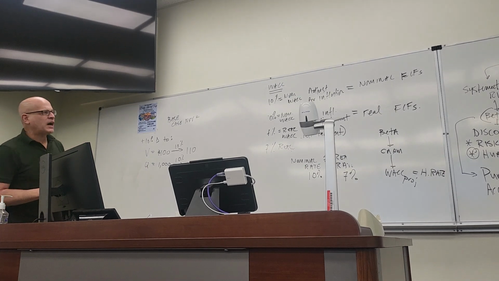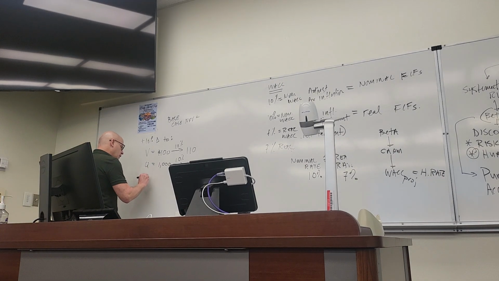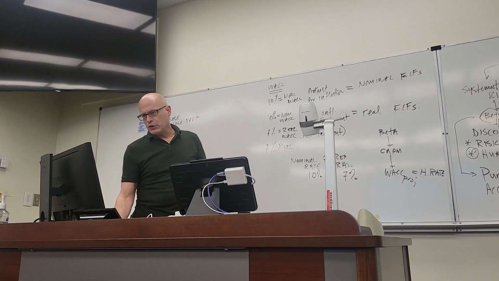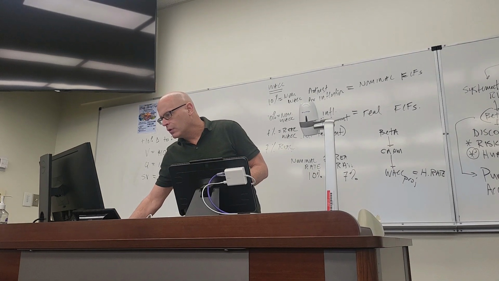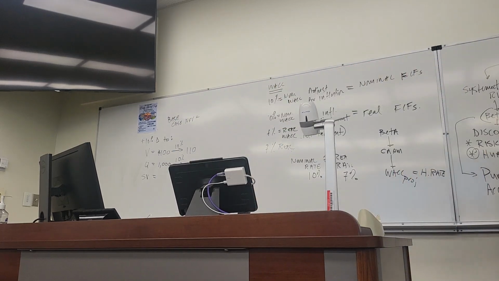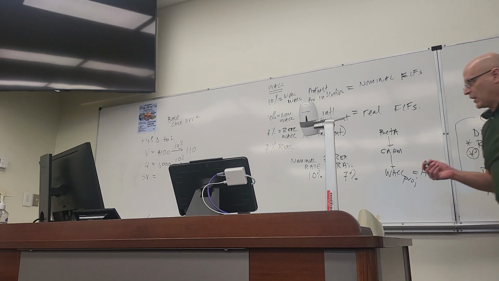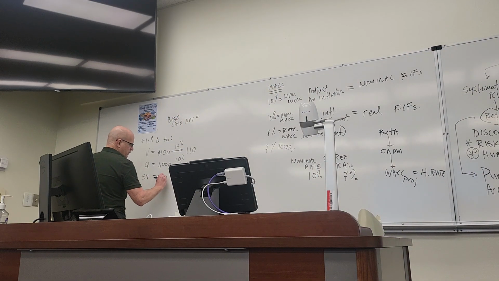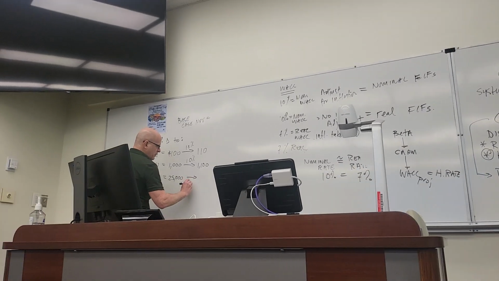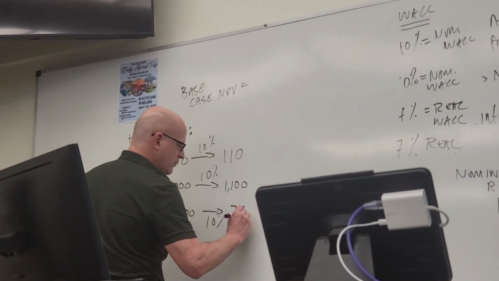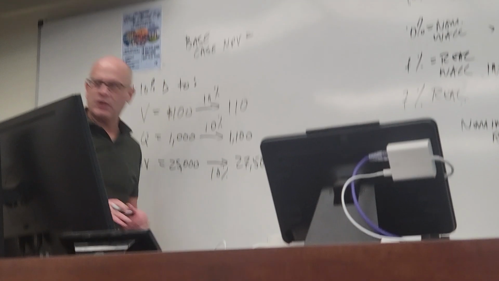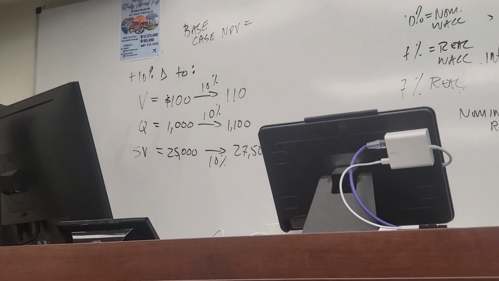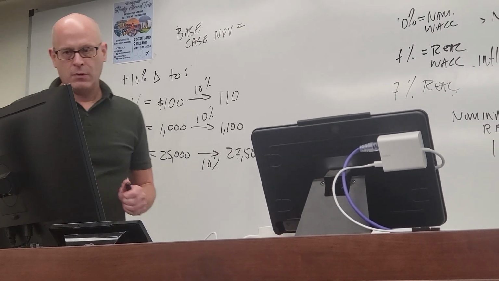They say salvage value. The salvage value for this thing was $25,000 after 4 years, okay? So a 10% increase in that would be 27,500, just 10% higher, okay? Those are my new values.